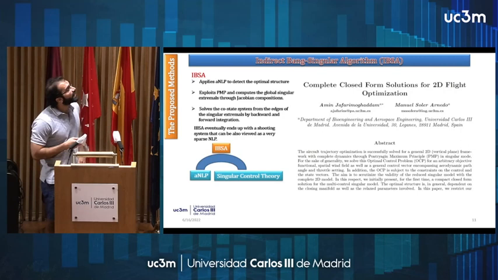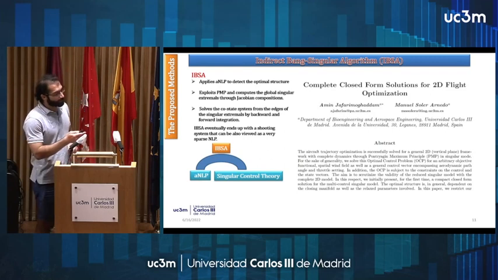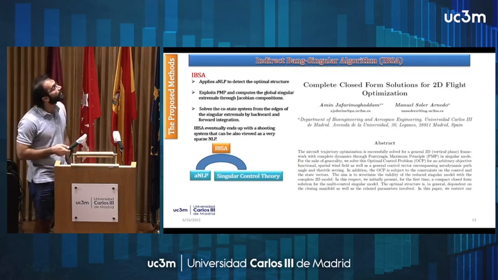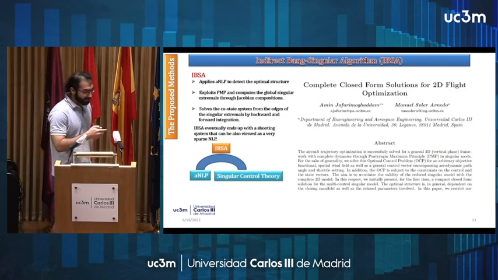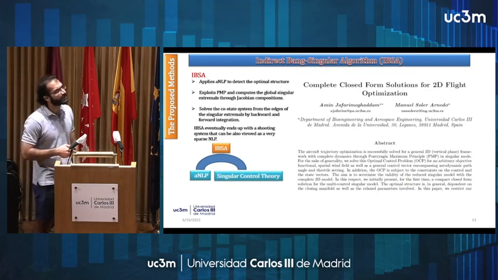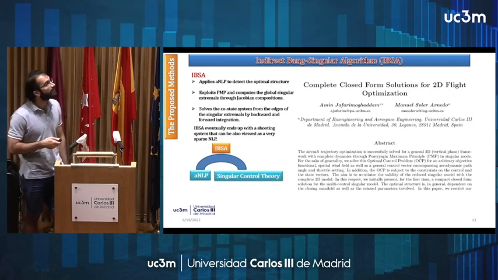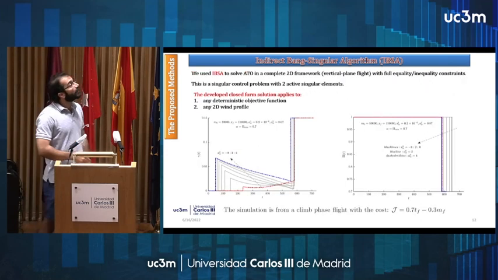Eventually we have a shooting system that can also be viewed as a very sparse nonlinear programming problem. But in this paper, we have used a somewhat altered version of IPSA. The steps are quite similar, except for step 1, where we use an iterative search through the different permutations to find the optimal structure.